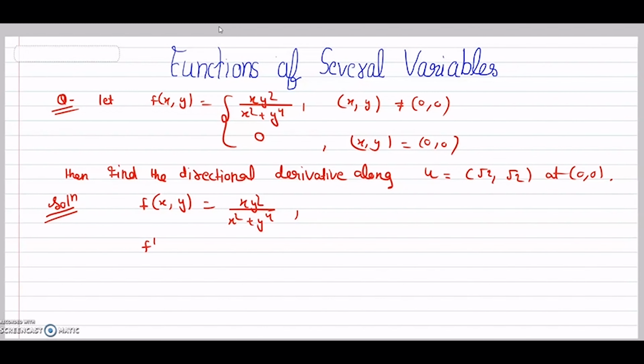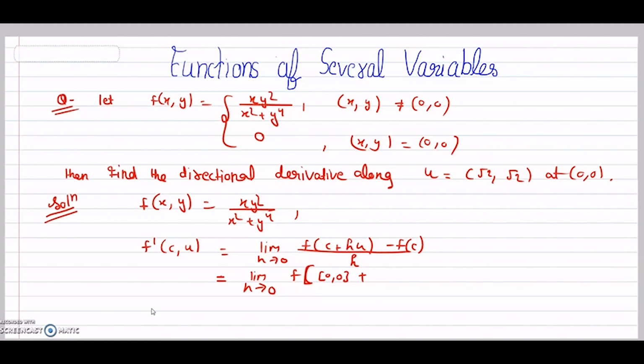So f dash c u equals to limit h tends to 0 f(c plus hu) minus f(c) upon h, and it is equals to limit h tends to 0 f of, where c is 0 and h is h and u is under root 2 and under root 2.